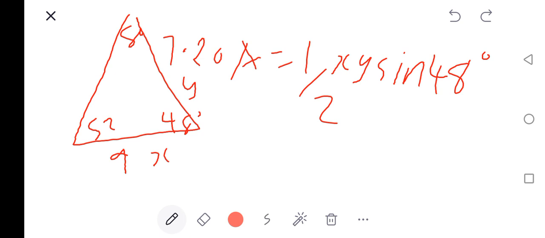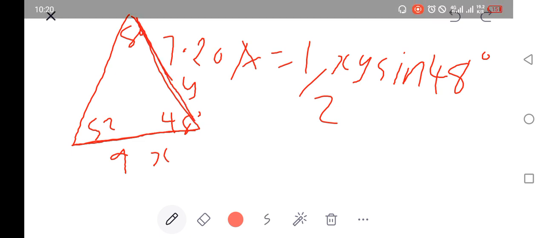Don't go for the big number or the big angle. You always use the angle between the sides. What do I mean? You use the angle between the sides that you've used. You have used this side 9 and this side 7.2.